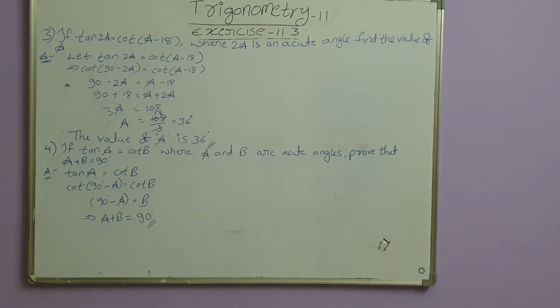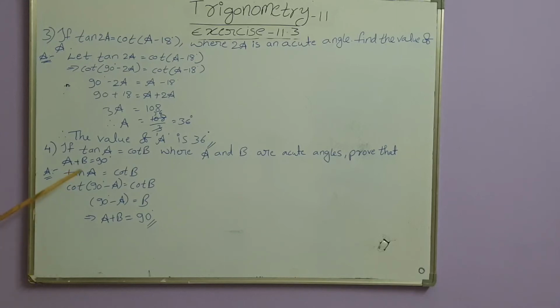Next, in this fourth question, if tan A is equal to cot B, where A and B are acute angles, prove that A plus B is equal to 90 degrees.